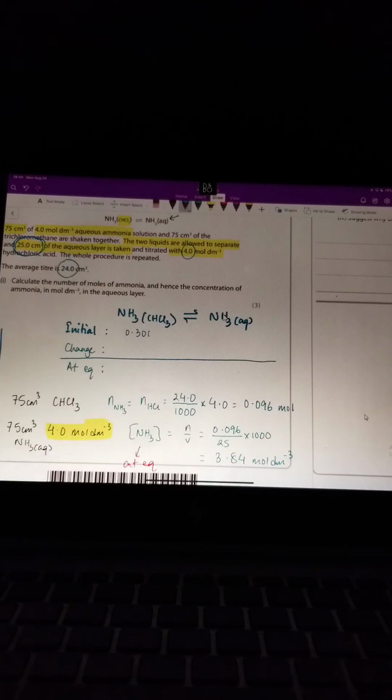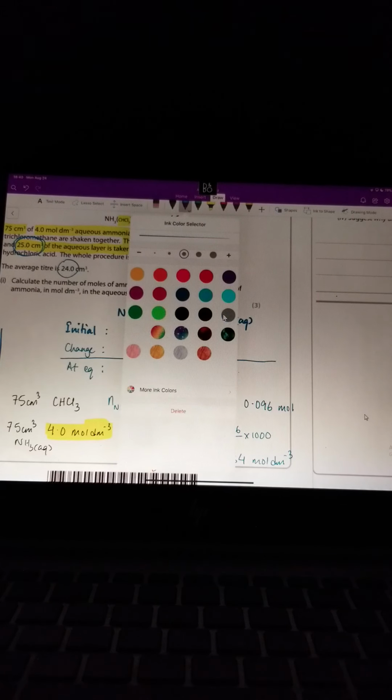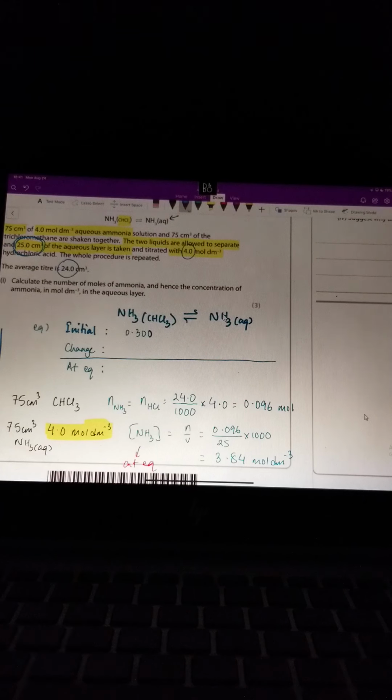So normally what we should do here, if the concentrations were not the same, is I should understand that these are equilibrium moles. Sorry, these are all calculations in moles.